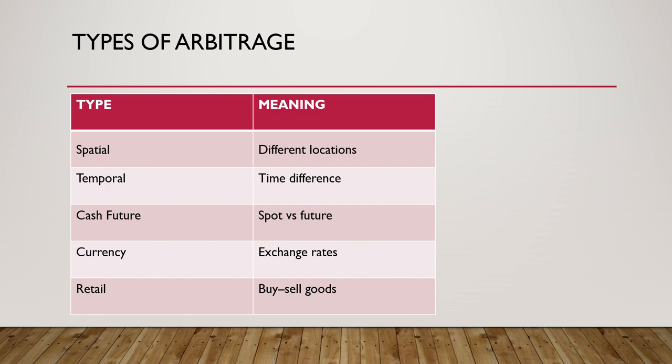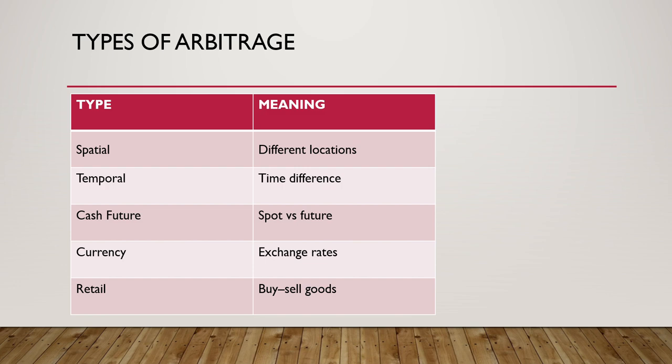And the last one is retail type. Retail type is basically buying and selling goods. Wholesalers buy the goods at a cheaper rate and sell to the retailers at higher prices, or we can say at the MRP.